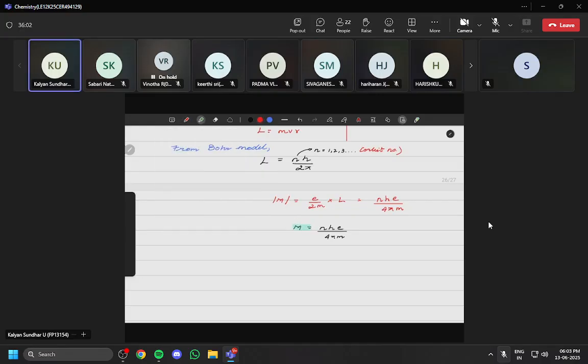So this will be your dipole moment in terms of your Bohr model.